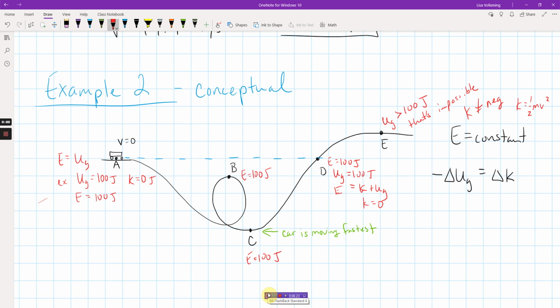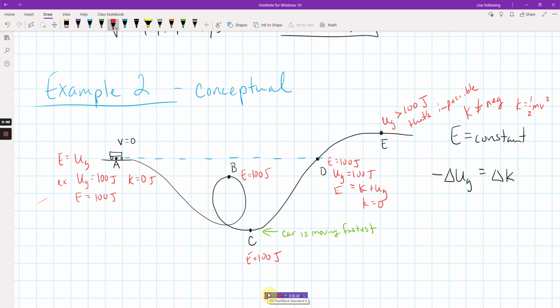So I can never go higher than the point where all of my energy is potential energy, ever. In this picture, you will never reach point E. It's never going to happen. The only way to make it happen is if you somehow added energy to the system, which we will be talking about later. You'd have to do work on the system.